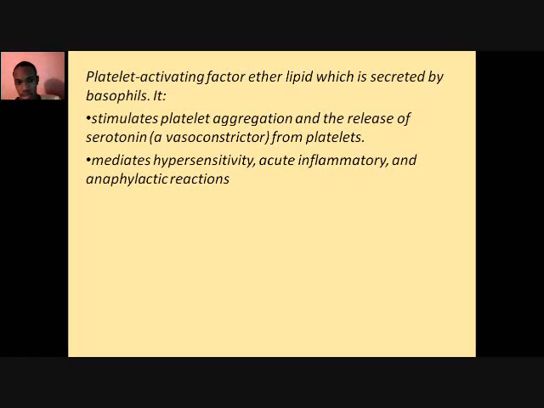So this has similar functions to thromboxanes, I believe. And they also mediate hypersensitivity, acute inflammatory and anaphylactic reactions. But this has functions similar to natural prostaglandins, I believe, but I have to check them out.